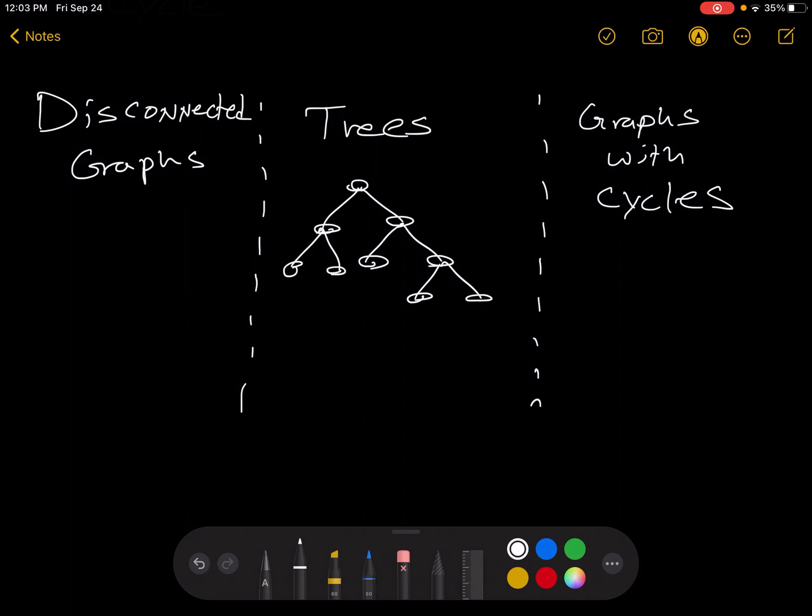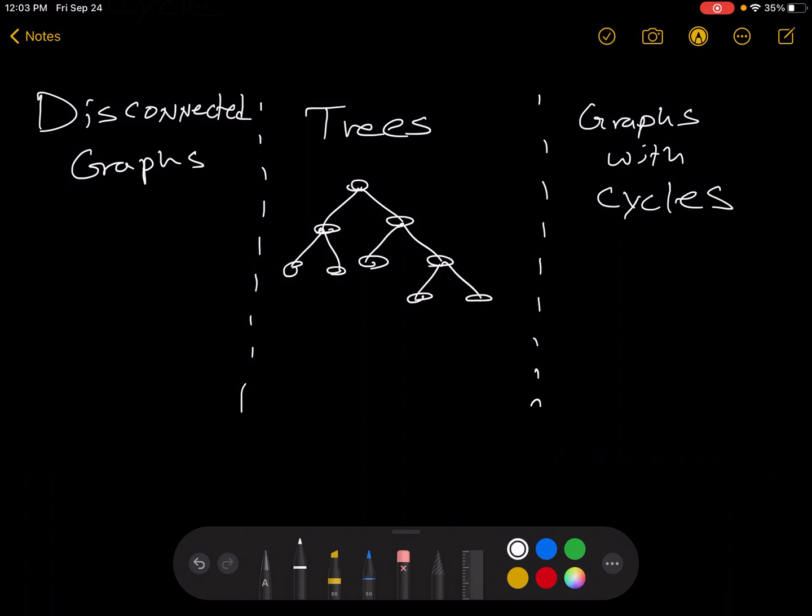In the middle, in this region here, we have all trees, and here I just have an example of a specific tree. In this region over here, we have all the disconnected graphs. Over here, we have graphs with cycles.